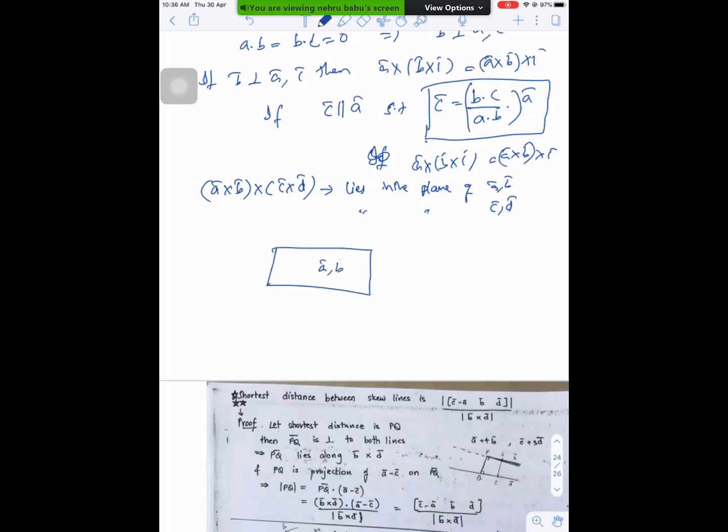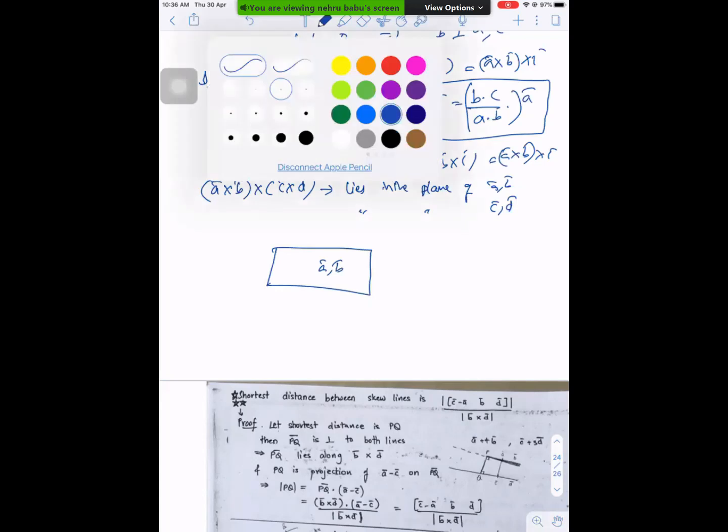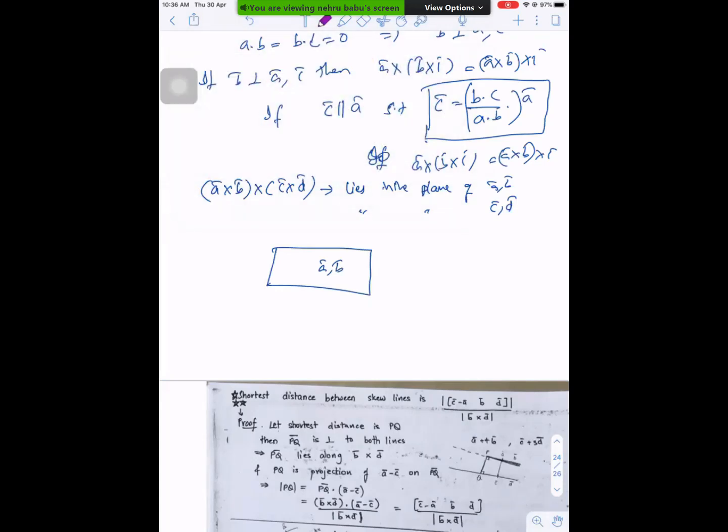For example, in this plane, if you take 2 vectors A bar, B bar, and if you take one more plane like this, this is in the plane of C bar and D bar. So our (A cross B) cross (C cross D) lies in the plane of C bar and D bar, and it lies in the plane of A bar, B bar. So it is in this direction, along this line direction. So (A cross B) cross (C cross D) lies along the intersection of the 2 planes. And what is this result?